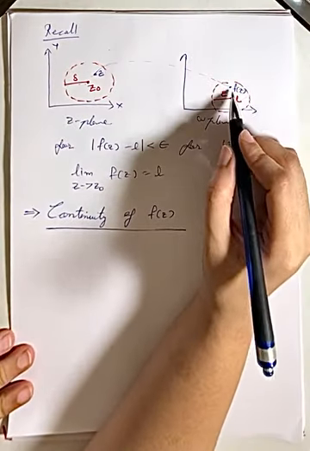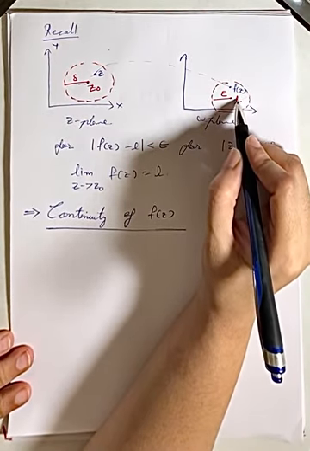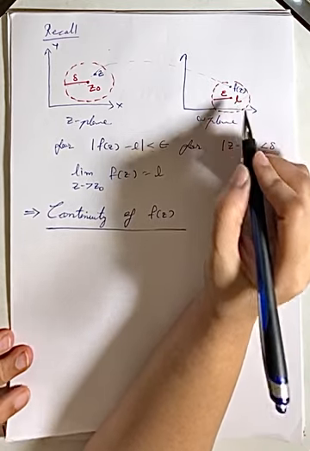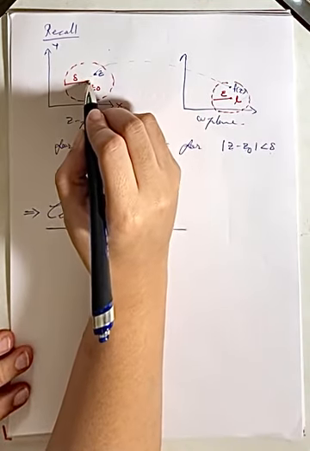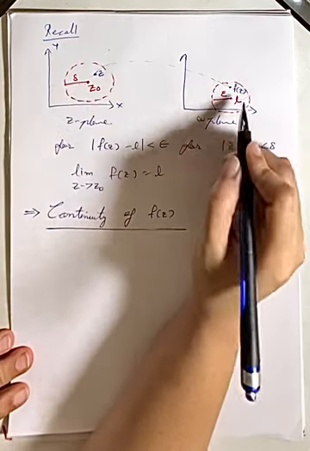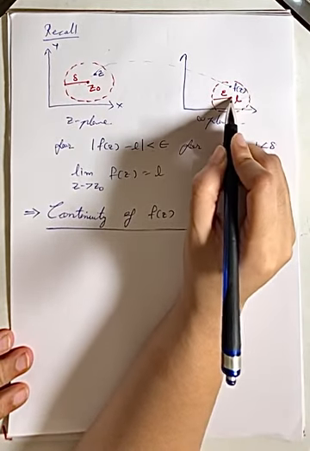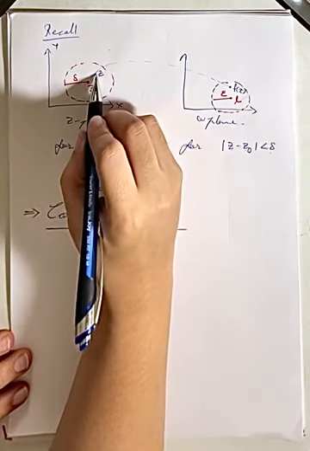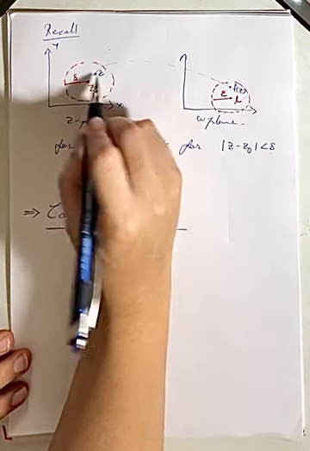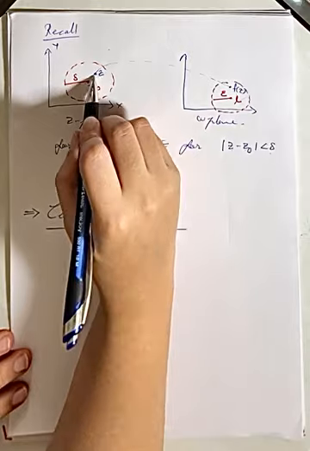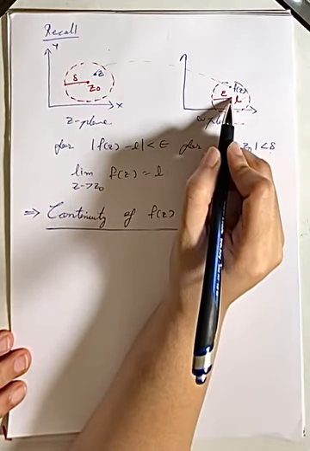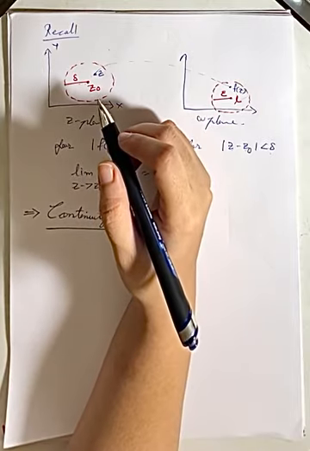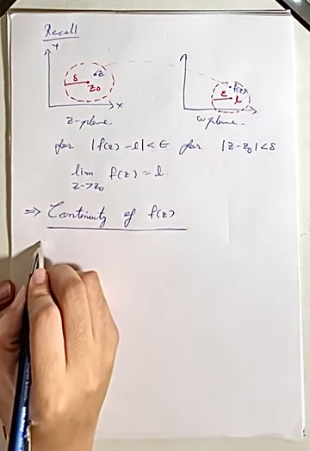We already defined f of z0 to be L, the center of this. But in general we can say that if f of z corresponds to z, then f of z0 will correspond to z0, right? So that is how we define the continuity.